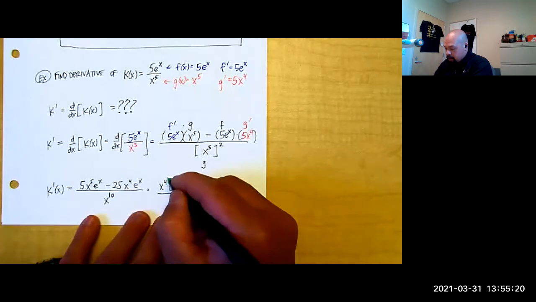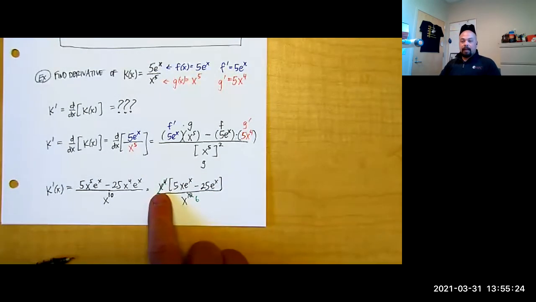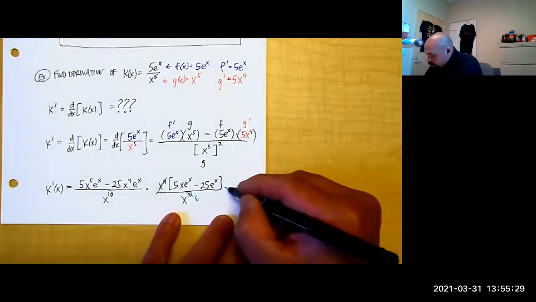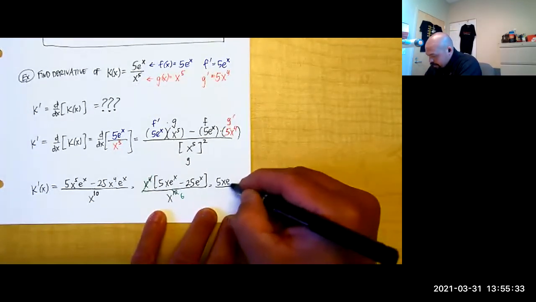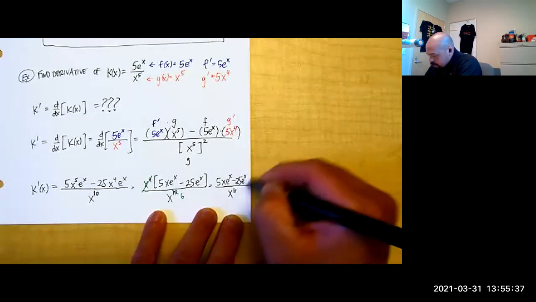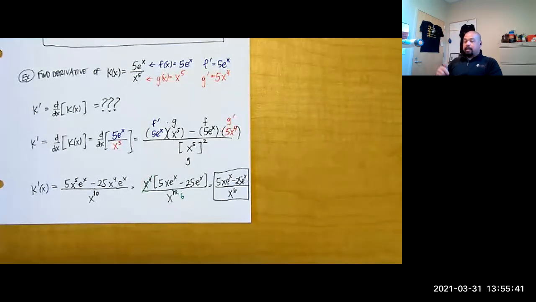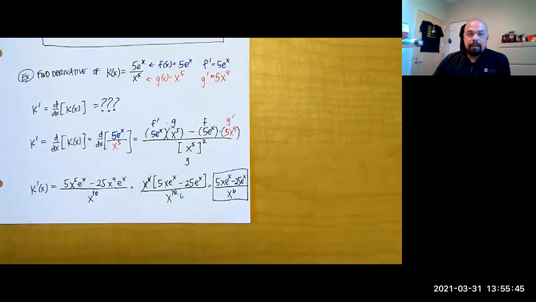But this x to the fourth can cancel and drop this down to an x to the 6th, right? x to the fourth up top, x to the 10th down below, canceling those. And so in the end, I might leave it in this rational form, 5x e to the x minus 25 e to the x over x to the 6th power. And like I said, you might see in other instances, we'll factor out that 5 and e to the x term, but for now, I'll leave it in that format.